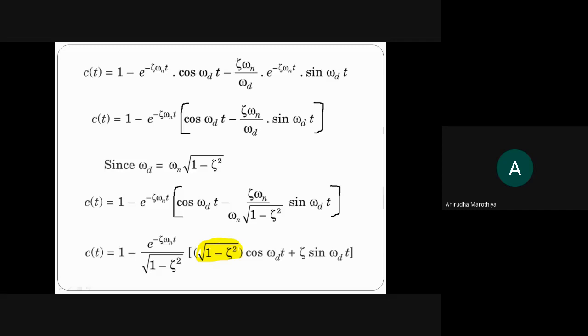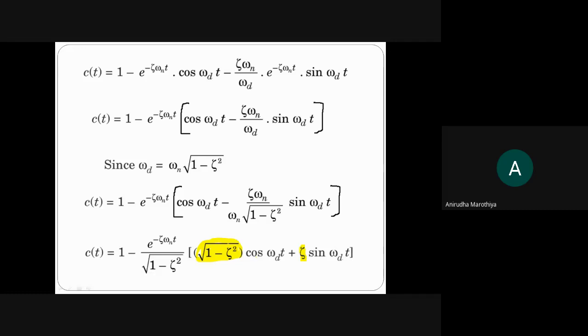Are you getting my point? Yes sir. In the same way, this zeta I can write as cos phi. So ultimately, I have sin phi into cos omega dt plus cos phi into sin omega dt. Let us consider that omega dt is your A, and phi is your B.